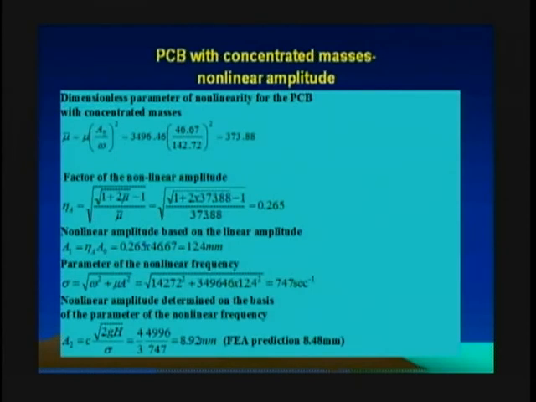Let me tell you this: the linear amplitudes can be evaluated by dividing the initial velocity by linear frequency. Then I use a different approach. Can I evaluate the nonlinear amplitude based on the nonlinear frequency, because nonlinear frequency is significantly higher, and no wonder that the induced amplitudes will be significantly lower, and I obtained a reasonably nice prediction.